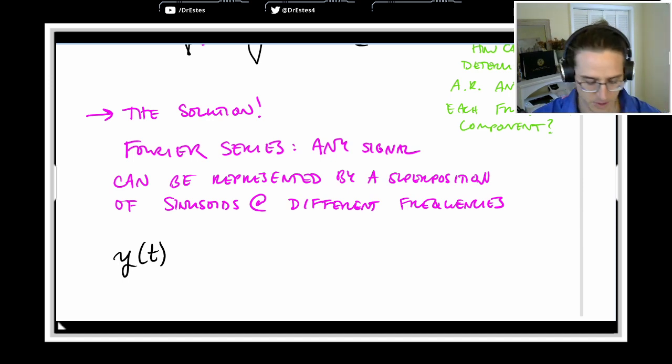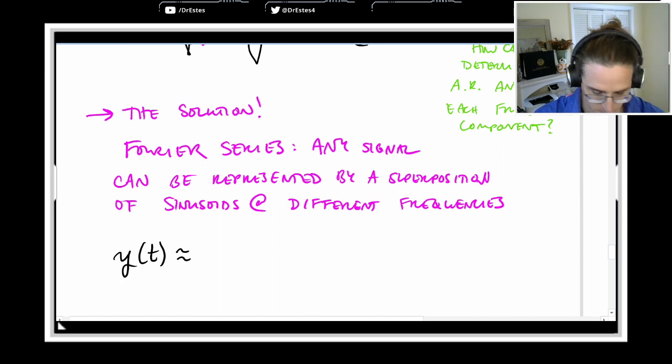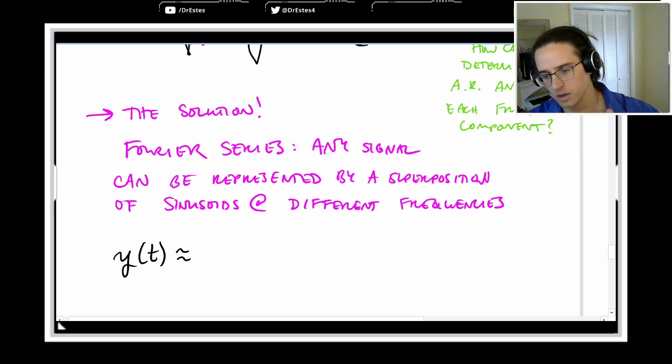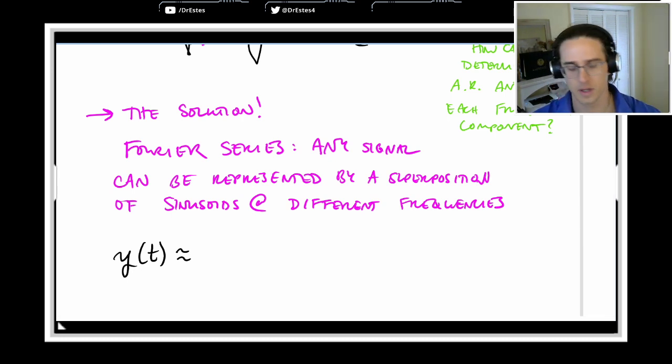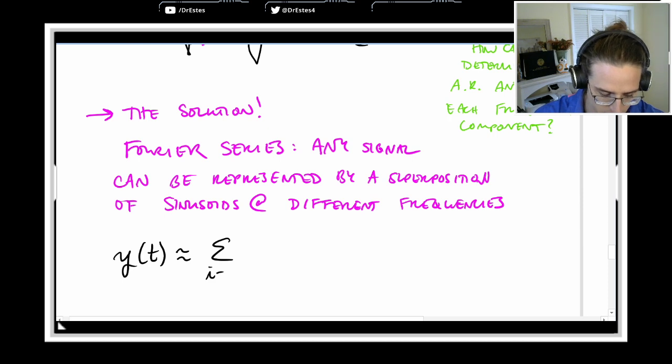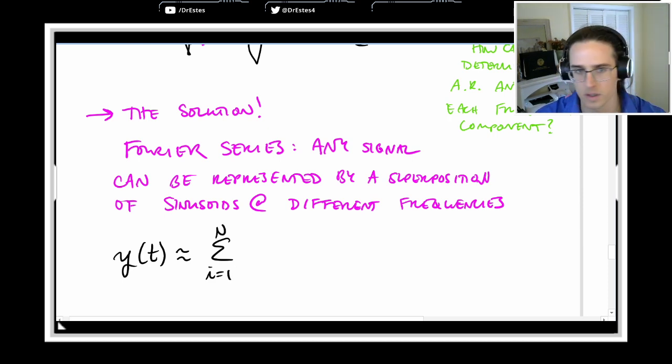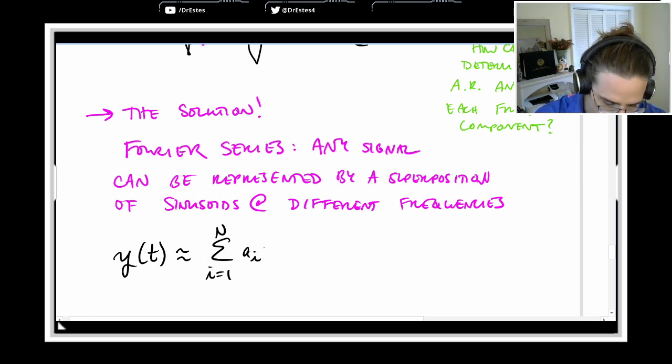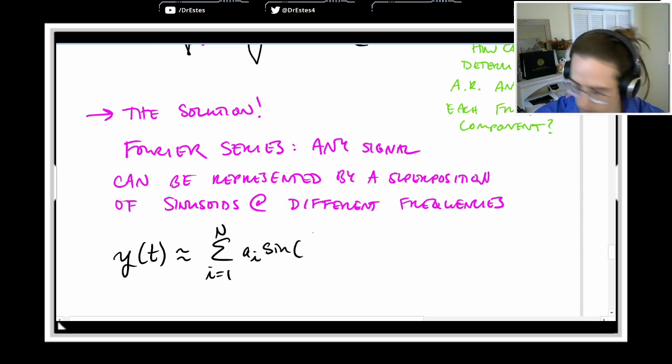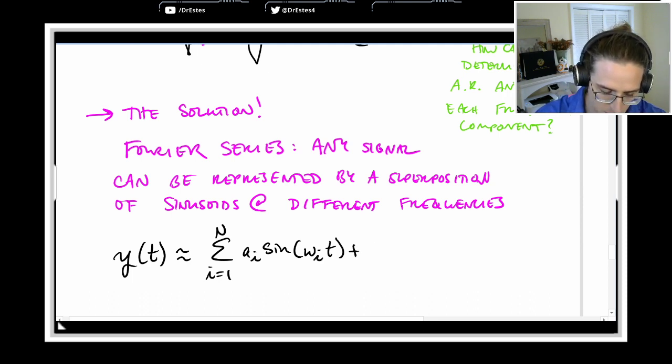What a Fourier series tries to do is solve a linear regression problem to fit that function with this: summation from 1 to n of some amplitude times a sine at some frequency plus a different amplitude times a cosine at a different frequency.